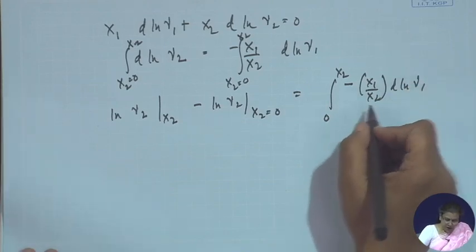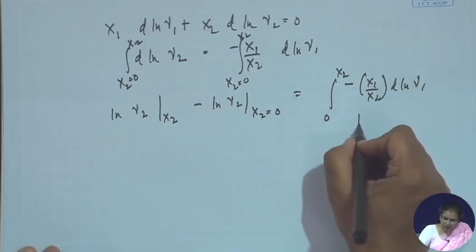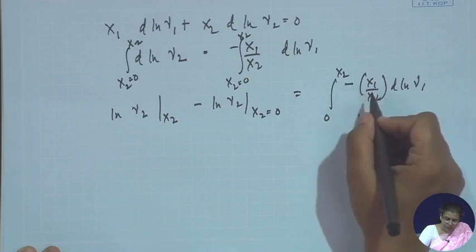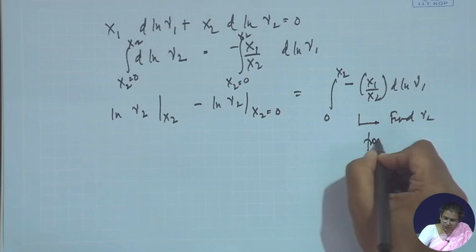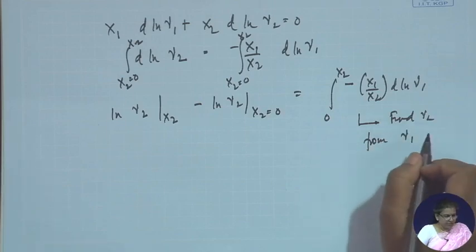So, suppose I know gamma 1 variation with x1, then we can find gamma 2 from gamma 1. This is number 1.